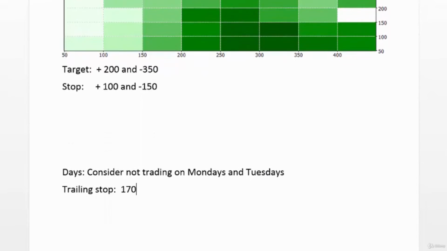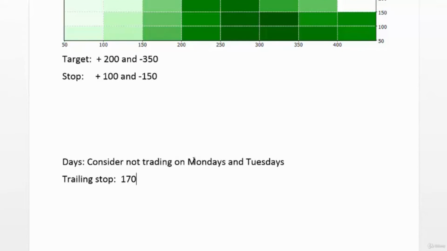Then we haven't got graphs for the trading days, Mondays to Sundays, because the graphs are two-dimensional and you can't really present 7 items on one graph. But in general, from the overview of positive and negative trading days, I would say Mondays and Tuesdays can be left off your trading calendar for this particular technique.